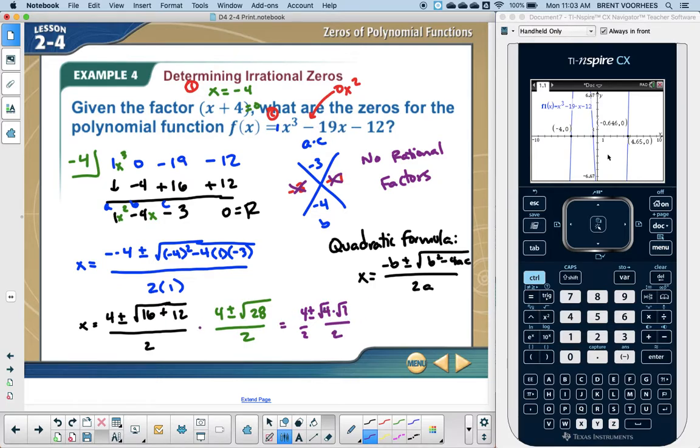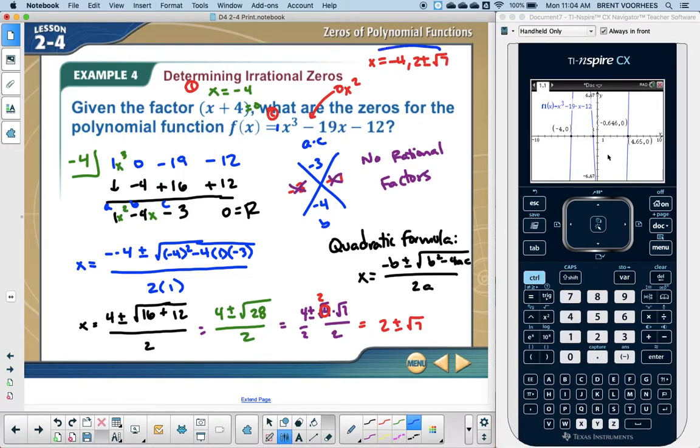And that will equal, when I simplify, 2 plus or minus, the square root of 4 right here is 2, those get canceled, and plus 7. So those are our zeros. So if it wants to know what the zeros are, our answers would be x equals this zero of -4, and then 2 plus or minus the square root of 7.